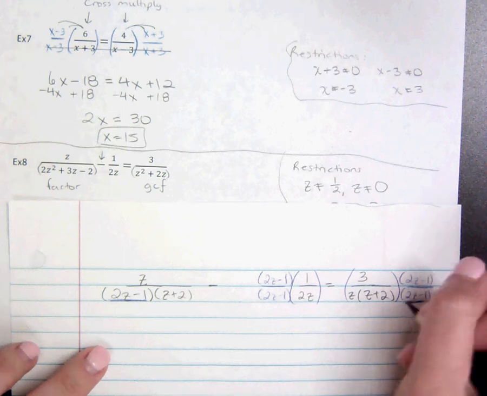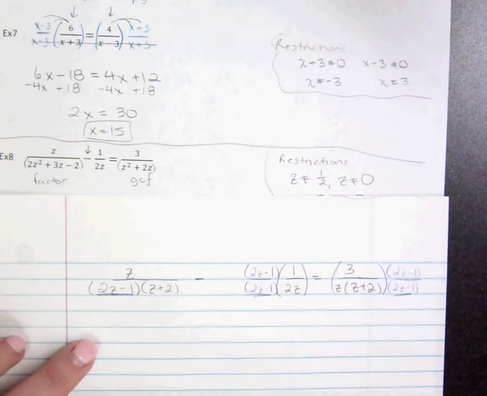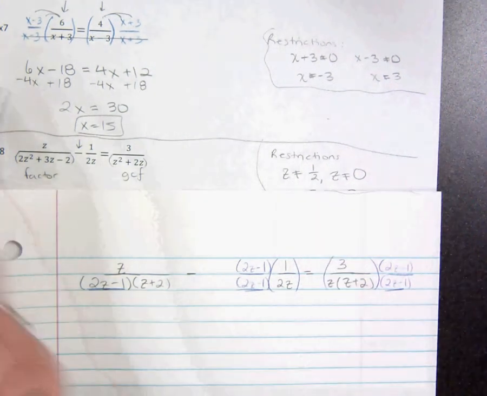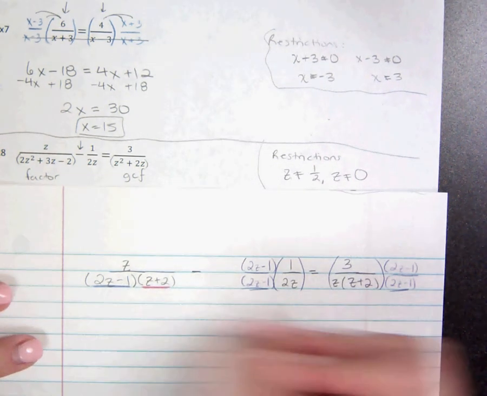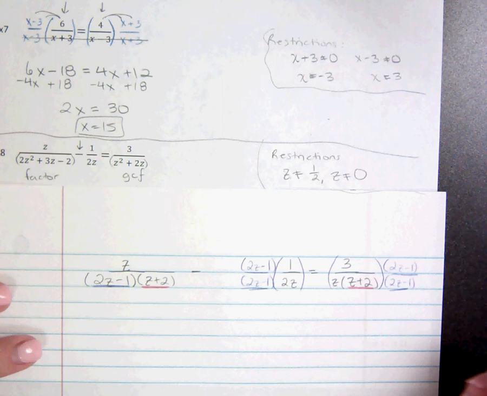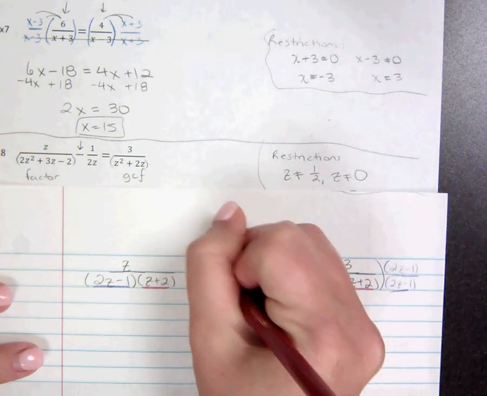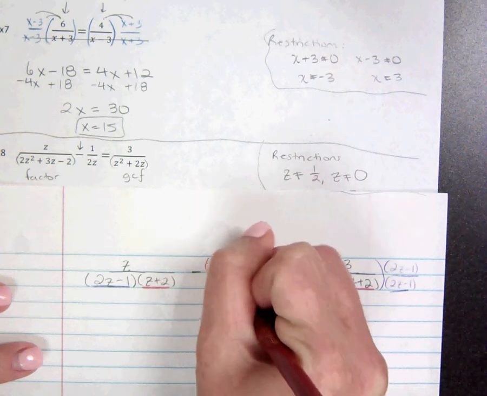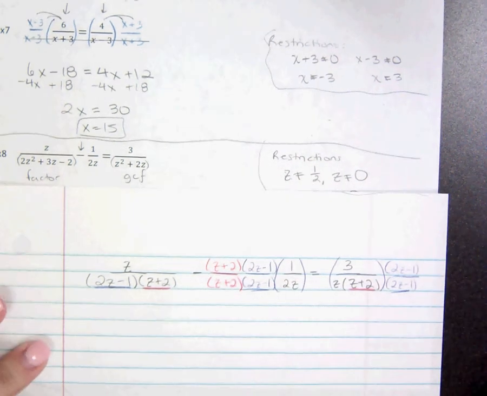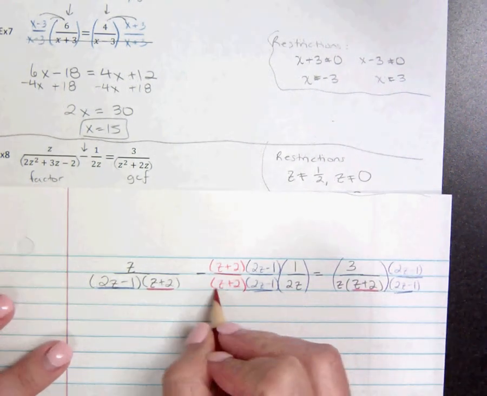So now they all have 2z minus 1. We've also got z plus 2 on the first one, and we've got z plus 2 on the last one, but the middle one does not have z plus 2. So now everybody has z plus 2.